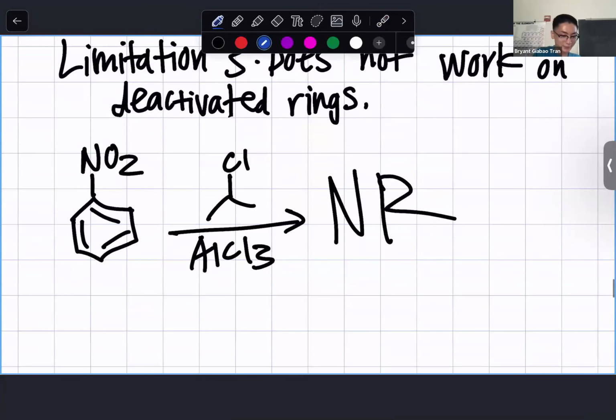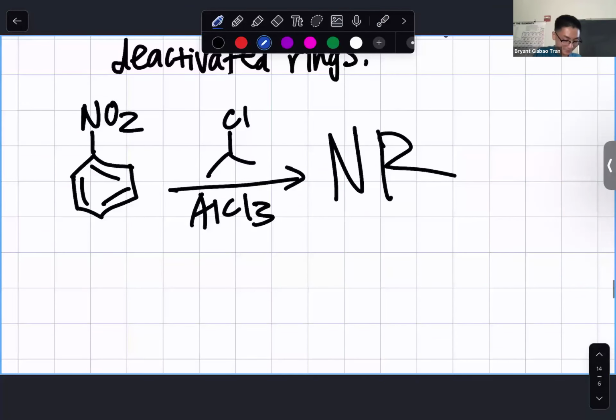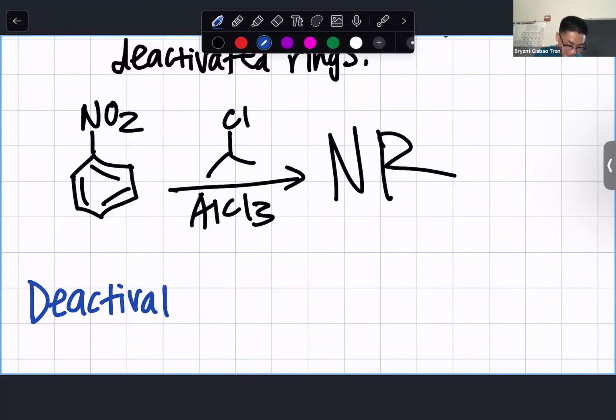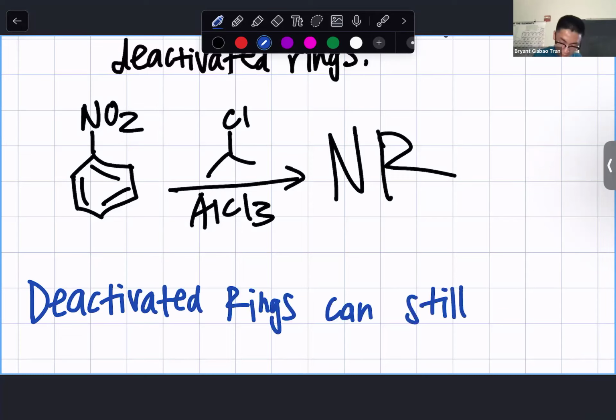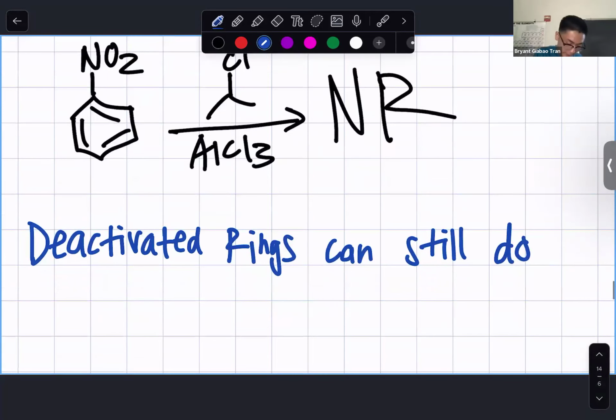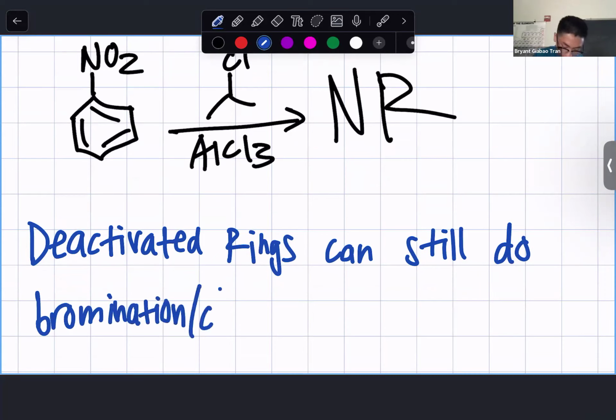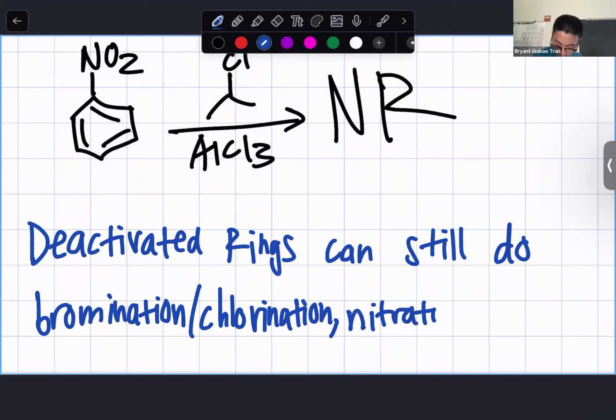Oh, here's an important note, right? Because deactivated rings can still do bromination or fluorination, nitration, and sulfonation.